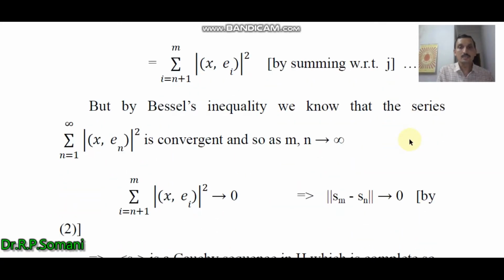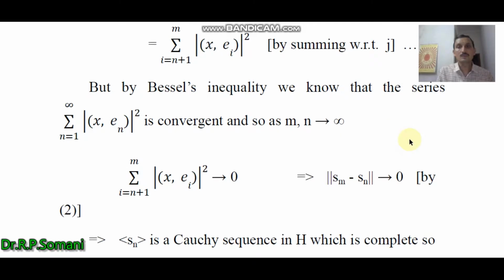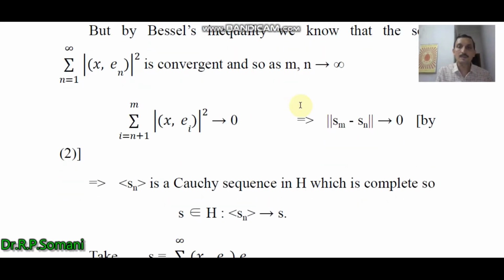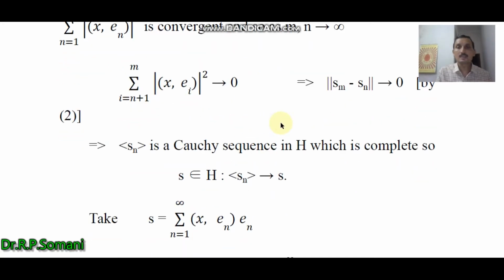But we know from Bessel's inequality that the series summation n equal to 1 to infinity of modulus ⟨x, e_n⟩ squared is convergent, and so as m, n tend to infinity, we have the summation i varying from n plus 1 to m of modulus ⟨x, e_i⟩ squared tends to 0. That is, norm S_m minus S_n tends to 0 as m, n tend to infinity.